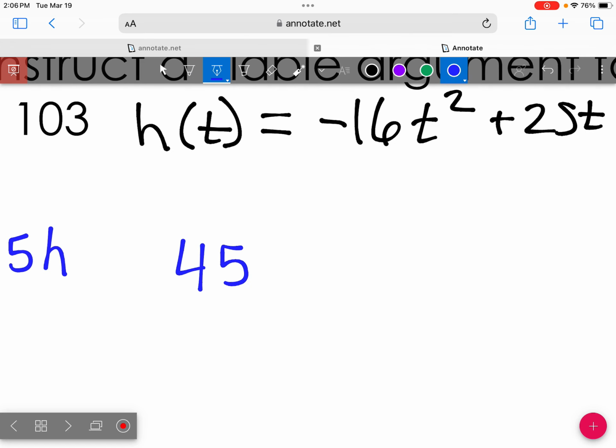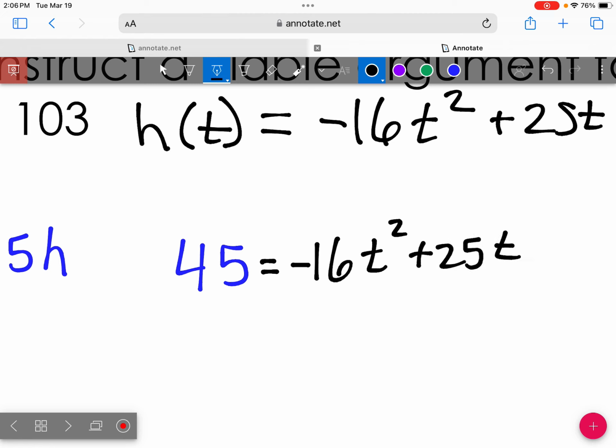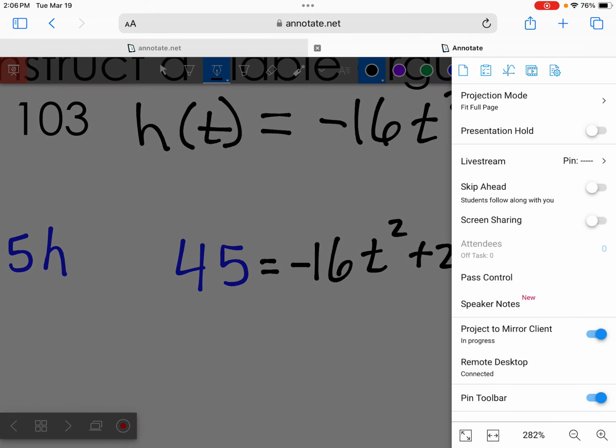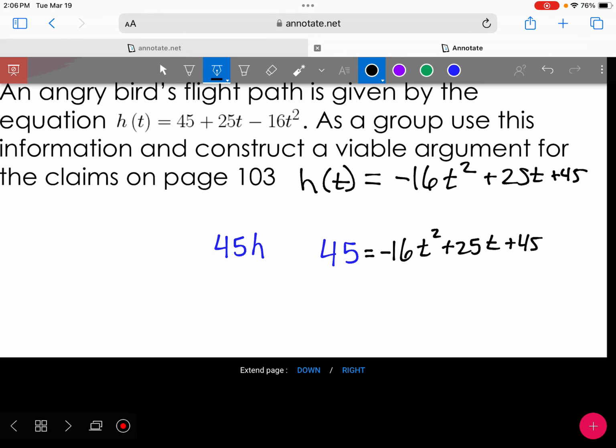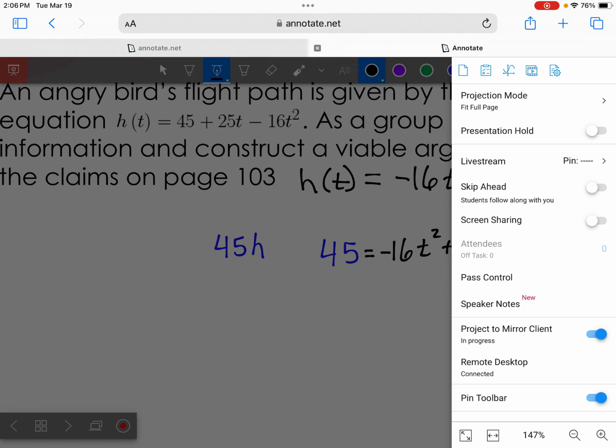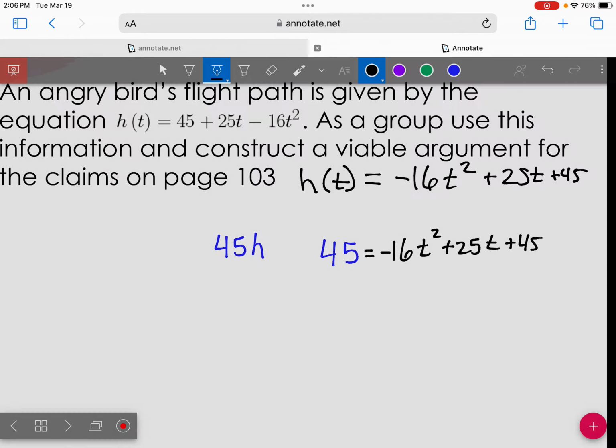I want to know if this is solvable. I'm going to give us more space and then zoom in.